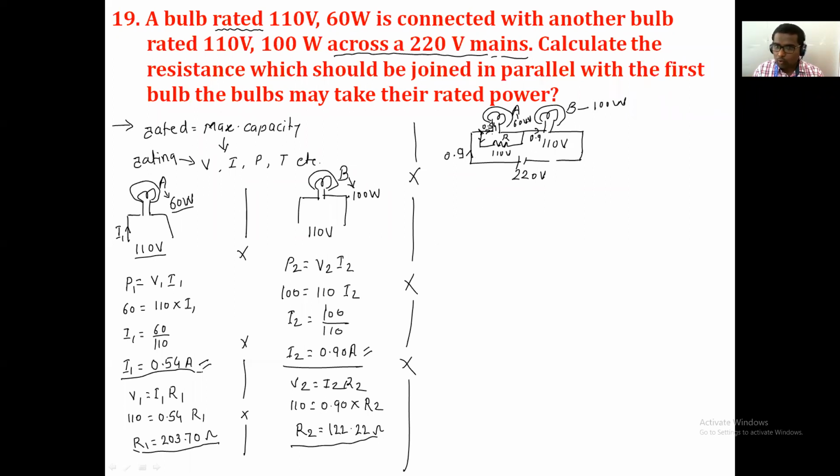So if you want to complete the specification of this entire circuit, we say that the current flowing through R, which I denote as I to the base R, is equal to 0.9 minus 0.54, which is equal to 0.36 ampere.